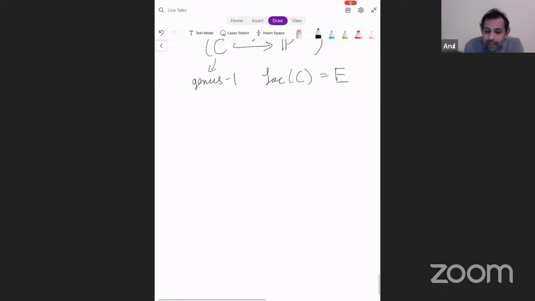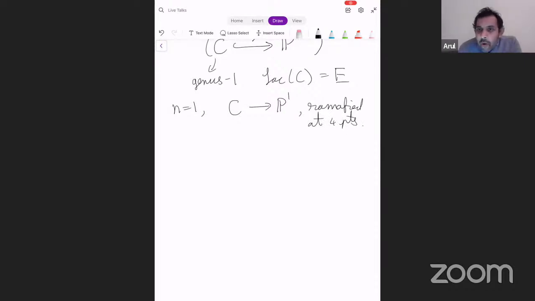And now, when n is equal to 2, we get a map from a genus 1 curve to P1, which is a degree 2 map, so it will be ramified at 4 points. If you have 4 points inside P1, you can make a polynomial with those 4 points as the roots. Because n is equal to 2, this will give a binary quartic form.